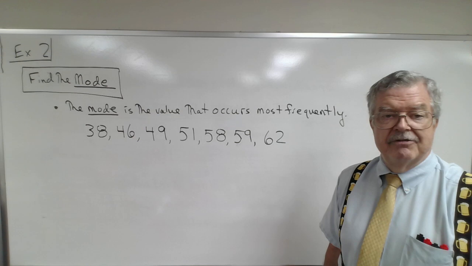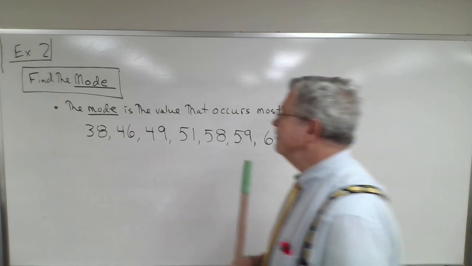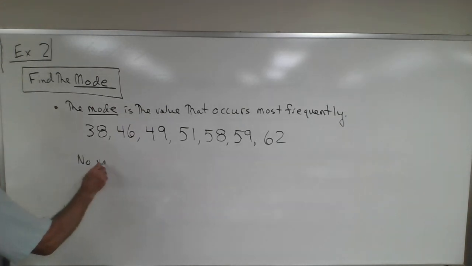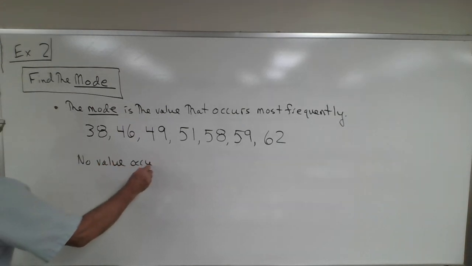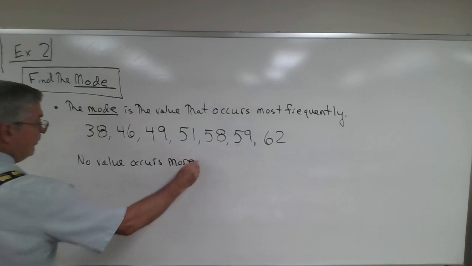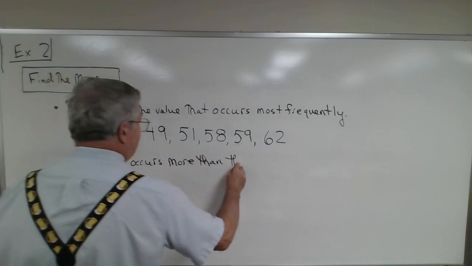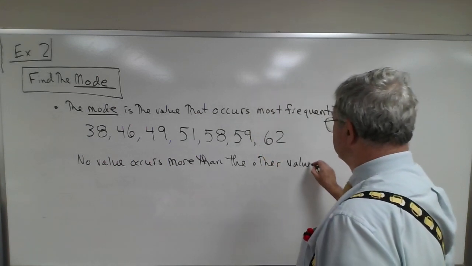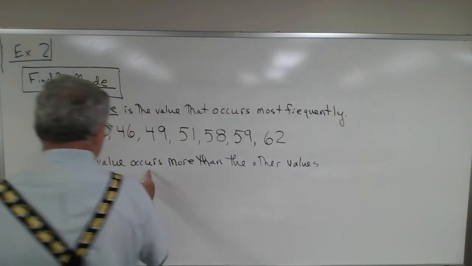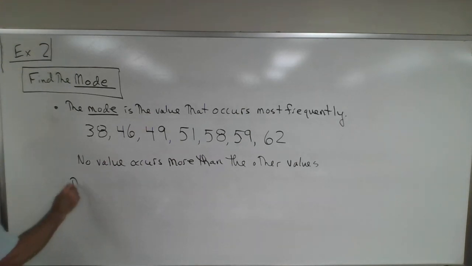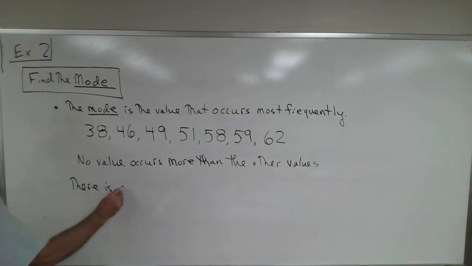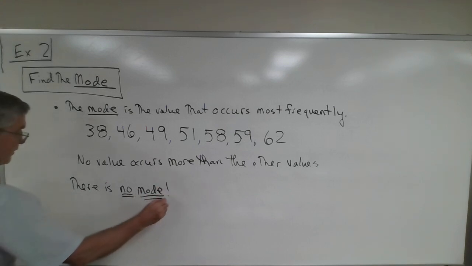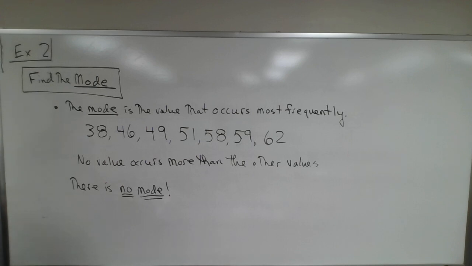No value occurs more than once. No value occurs more than the other values. In this example, there is no mode.